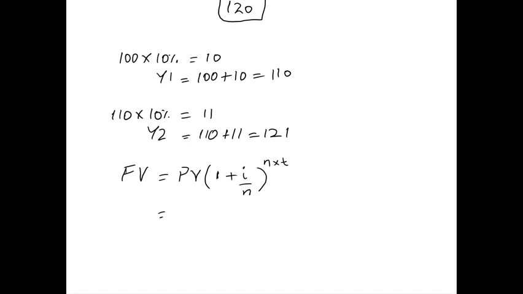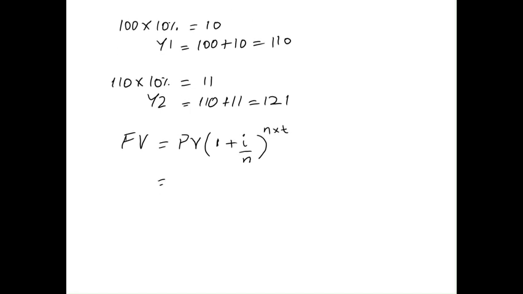If we input our values into this formula, present value, which is the money that we are investing today, is $100, times 1 plus i, where the interest rate was 10%, and the number of compounding periods per year was 1. It could be 12, it could be 3, it could be 4, it depends.